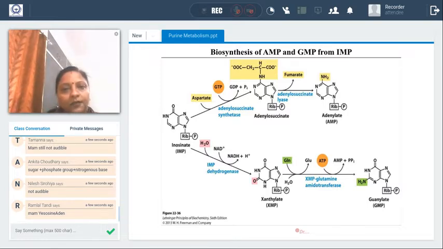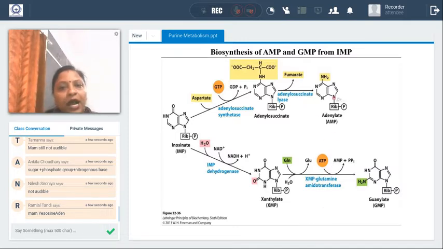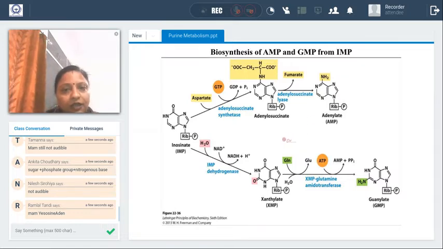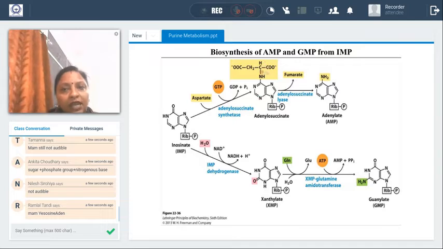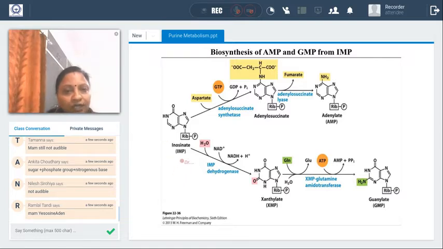Then comes the biosynthesis of AMP and GMP from IMP. It is a very important process because we need AMP and GMP for all the metabolic processes. Inosinate, IMP, inosine monophosphate, in the presence of adenylosuccinate synthetase, which is the important enzyme, incorporates aspartate, in the presence of GTP.